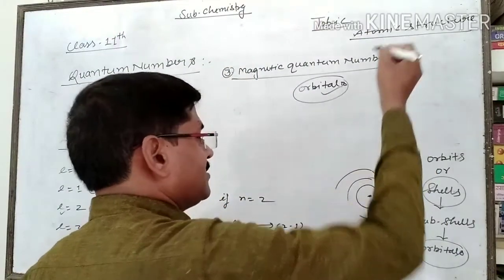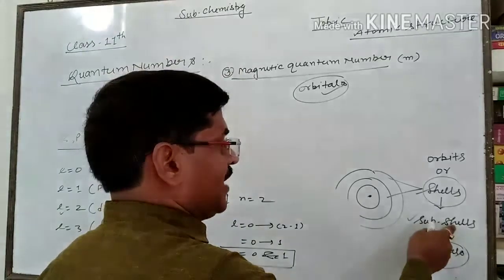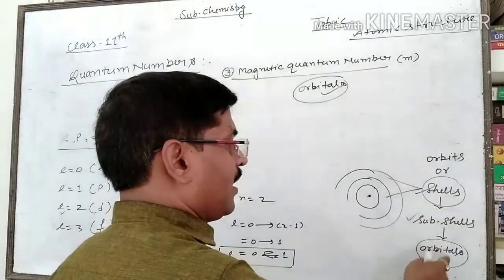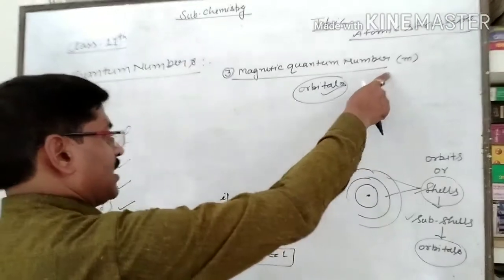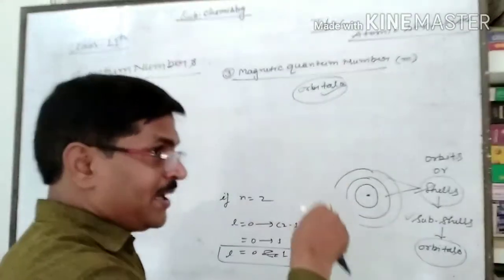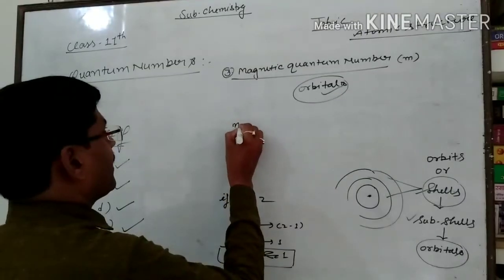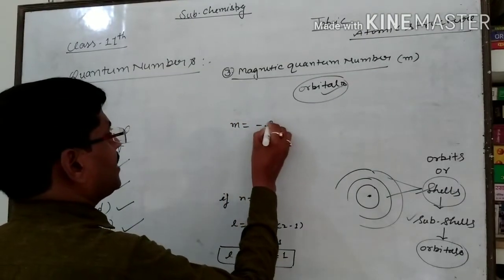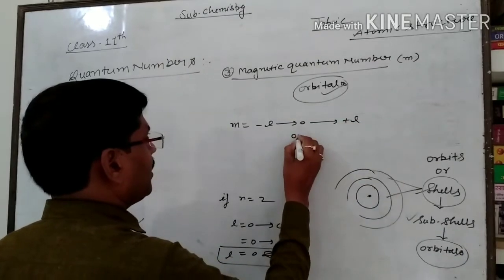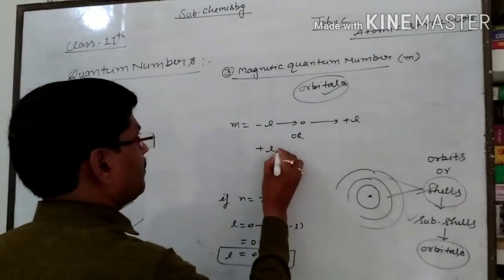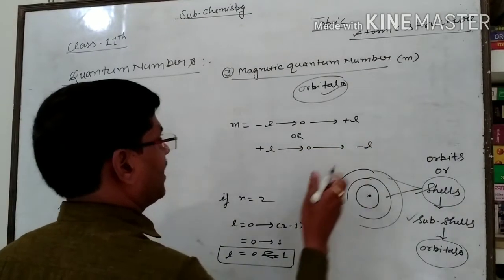And m, as you have seen, is like subcell over the cell, meaning orbitals over the subcell. It means that the magnetic quantum number depends on the previous azimuthal quantum number, and its value will be m is equal to minus l to 0 and 0 to plus l, or sometimes you may write plus l to 0 and 0 to minus l.